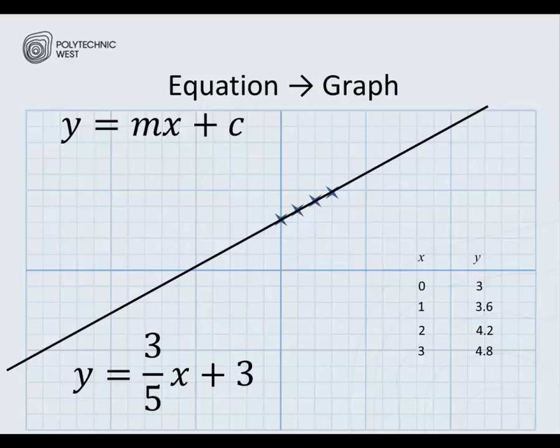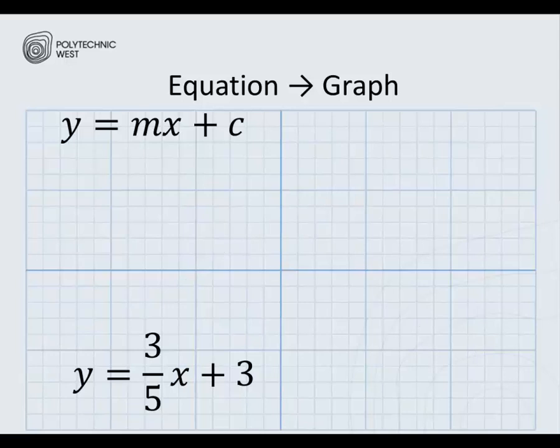Another way of doing this is from the things that we know about, from c and from the m value. So, the c, the intercept, is 3. So, where x equals 0 on the y-axis, if I just find a 3, that's one of my points. Then, the m value says that it goes 3 up for every 5 across.